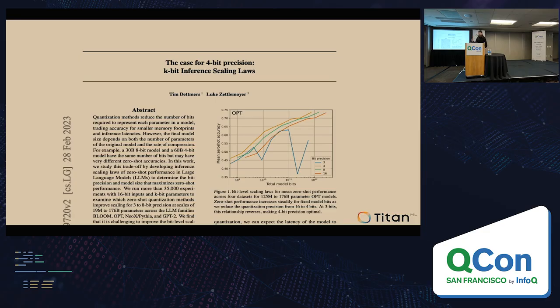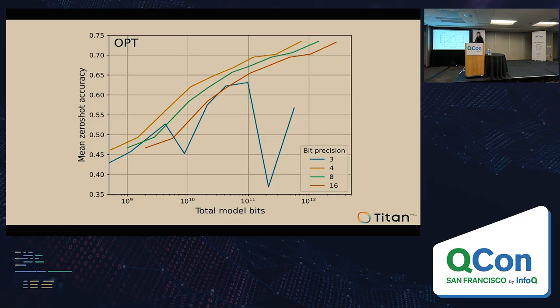There was this paper that came out, I think it was last year, in 2023, by Tim Dettmers, amongst others, who's a bit of a legend in the field. And it's called The Case for 4-Bit Precision. What he showed in this paper, I can show you the highlight figure, is that for a fixed model bit size, the accuracy of the model is far, far higher if you're using a quantized model.